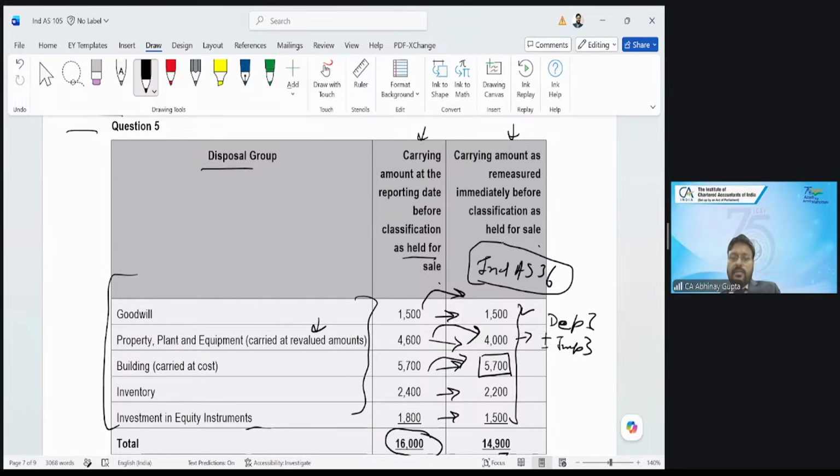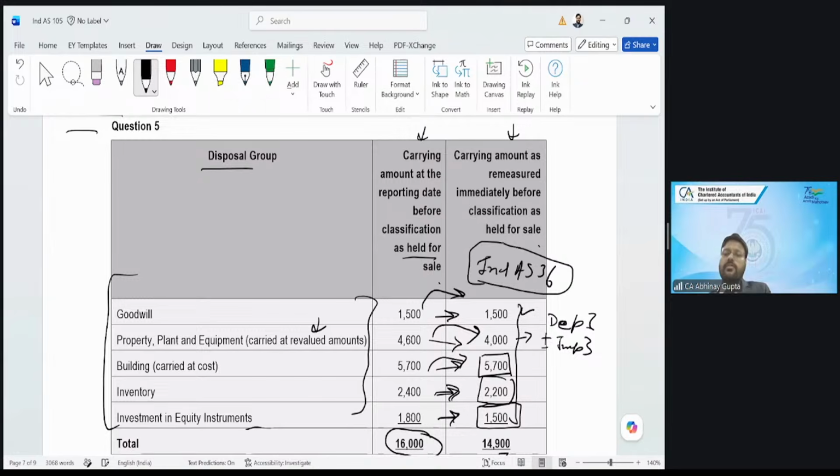Then inventory, cost or NRV, whichever is lower, might have been remeasured under Ind AS 2, and 2200 is offered as the carrying amount. And the investment in equity shares might have been measured at fair value through PNL or fair value through OCI, whatever, right? So on the basis of the market value, the 1800 has moved to 1500, right?